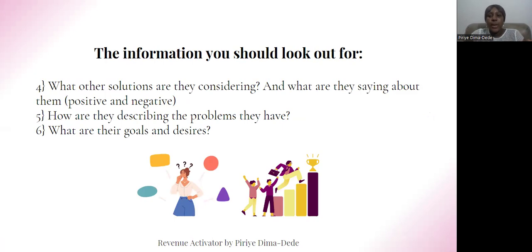Because your customers are going to be aware of these solutions and they're going to be considering them. They may have purchased them before, and you need to know what they are saying about them. Do they have positive things to say? Do they have negative things to say? You need to gather all this information, and then you go ahead and use it in your marketing and product development.